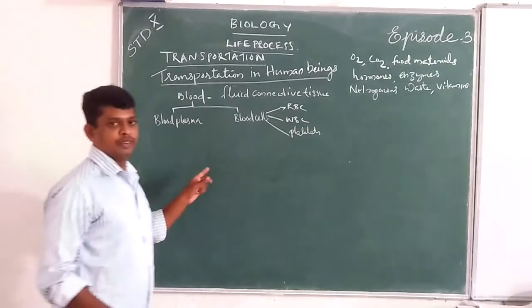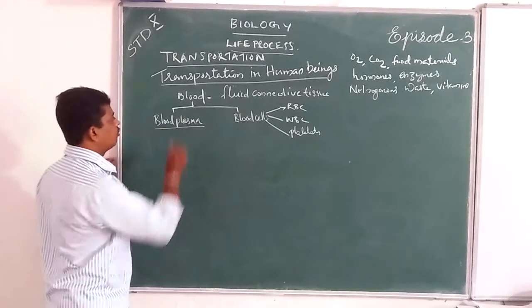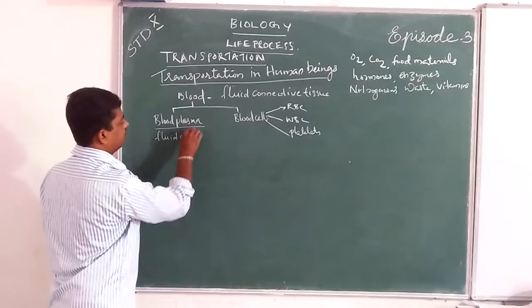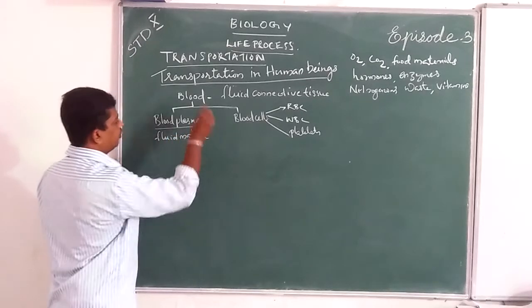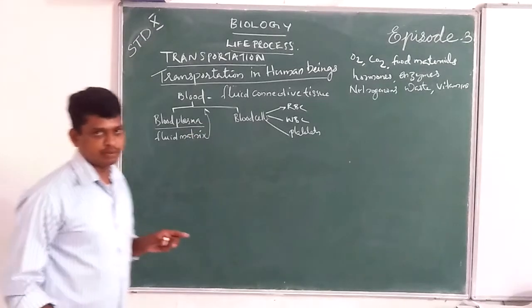Blood plasma is the fluid matrix of blood.